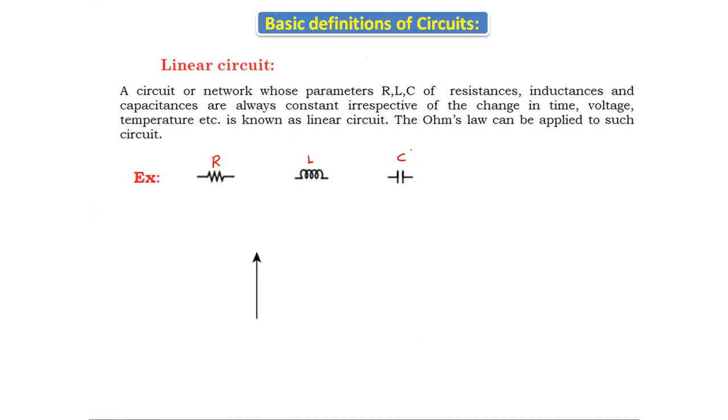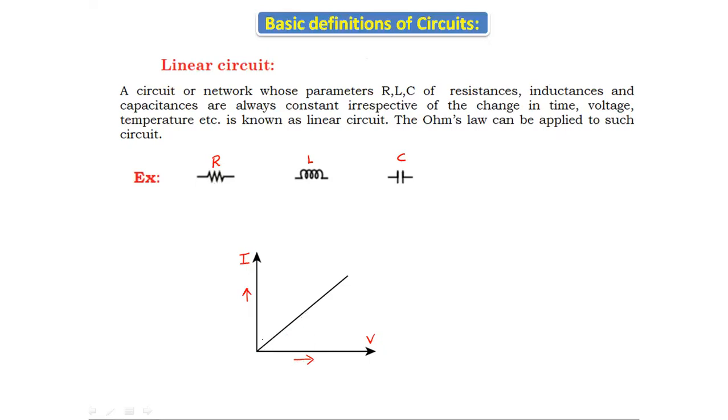Now if we take the characteristics of these linear elements, I am taking the current on the y-axis and the voltage on the x-axis. On the x-axis we are increasing the voltage continuously, and the current also increases continuously. If you change the voltage, there is a change in the current, so both increase linearly.